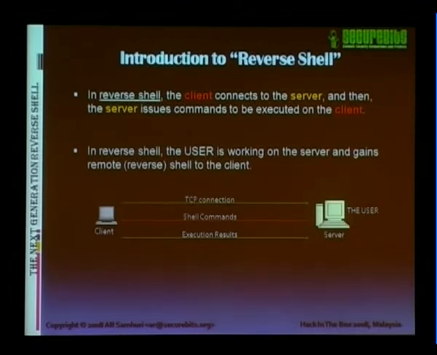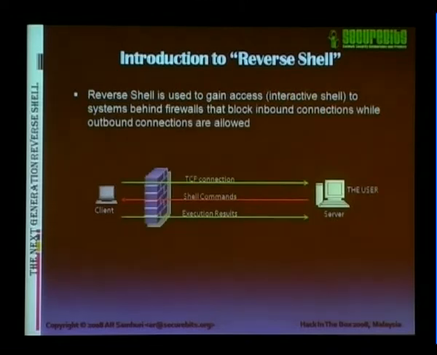However, if the client connects to the outside, to the server, to you, and then you issue the command back to the server, you can have remote shell, which is in reverse established connection. So the purpose of reverse shell is to access compromised systems or normal systems that are behind firewalls. Now, that is the basic idea of reverse shell.